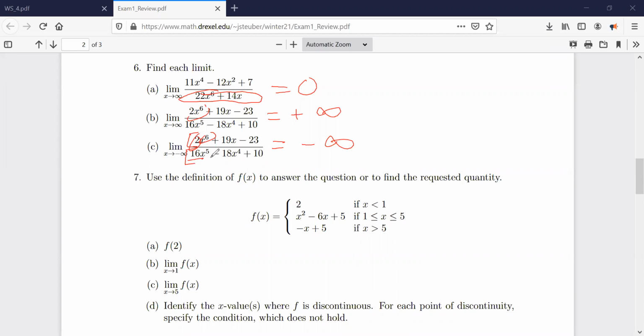So as we go off to negative infinity, an odd power is going to be negative. Negative times positive is negative. So this whole thing ends up being negative infinity. Cool, makes sense?